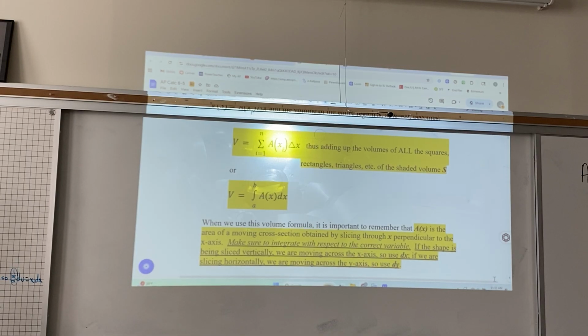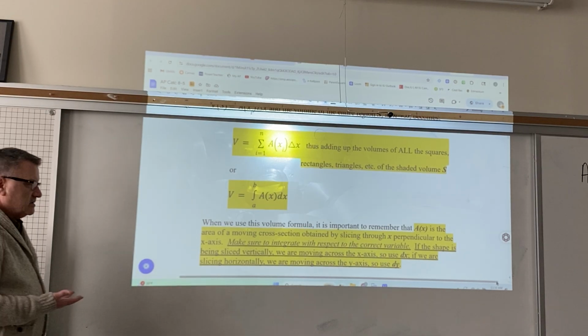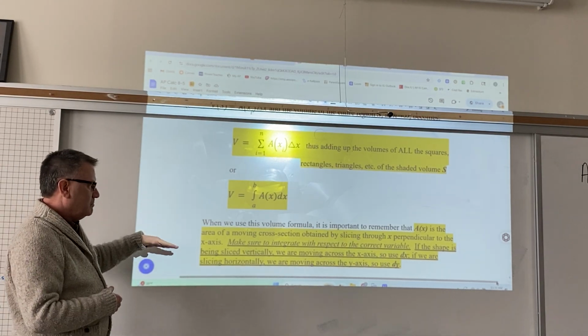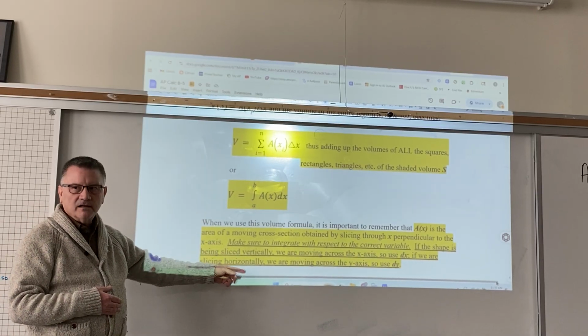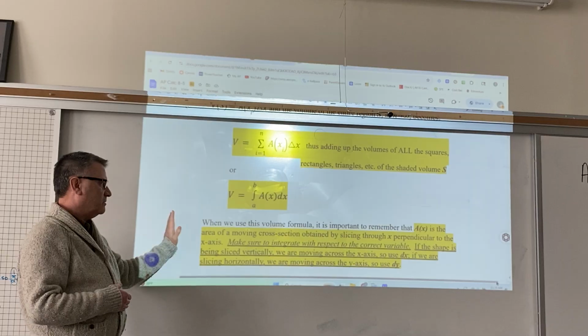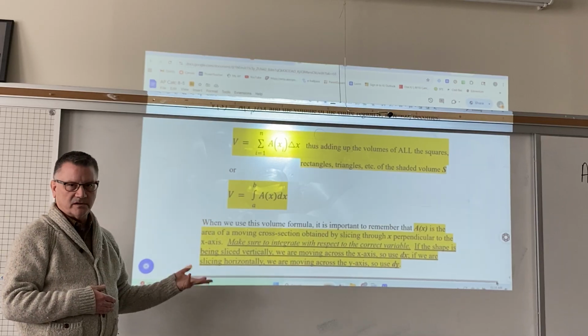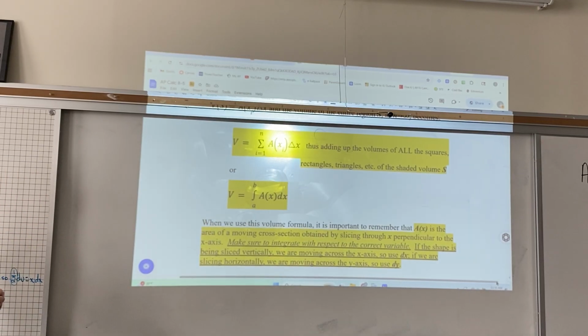But we will change that, so make sure to integrate with respect to the correct variable. Sometimes I'll be moving along the y-axis, in which I want to do dy. And sometimes I'll be moving across the x-axis, and so I want to do dx, which is what we'll start with. Okay, it's sometimes a little easier to figure out which axis when we're doing volume, because they pretty much tell you.